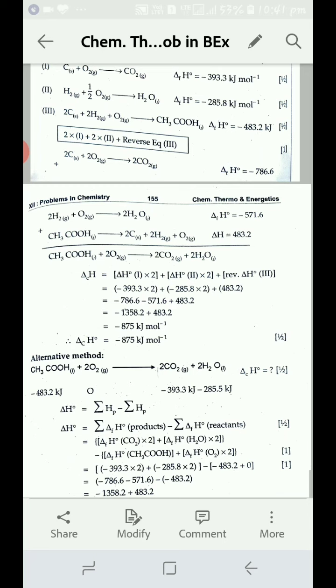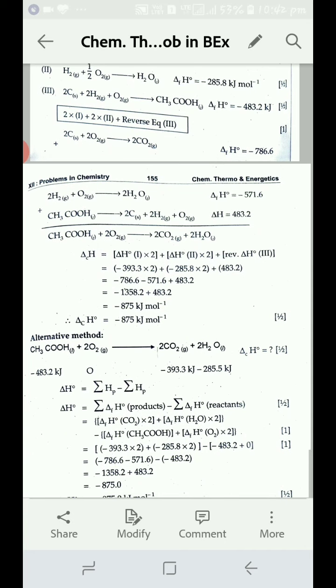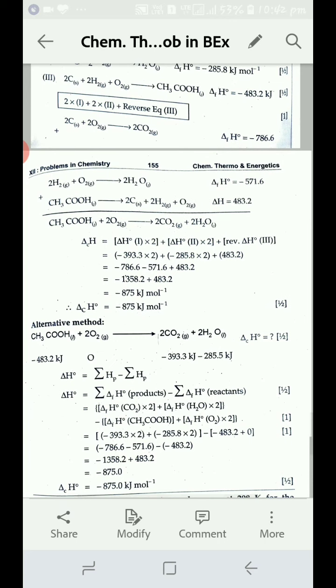So write down standard enthalpy of formation of CO2 into 2 plus standard enthalpy of formation of H2O into 2, minus the reactants: standard enthalpy of formation of acetic acid plus 2 into standard enthalpy of formation of O2. But it is O2, so its value is 0. If you substitute the values and do the respective multiplication, then what is your answer?